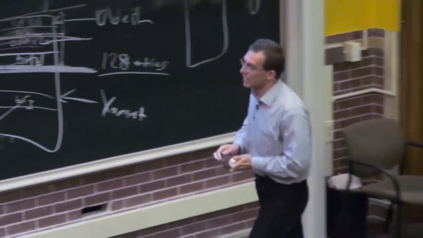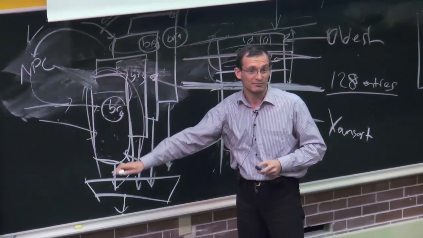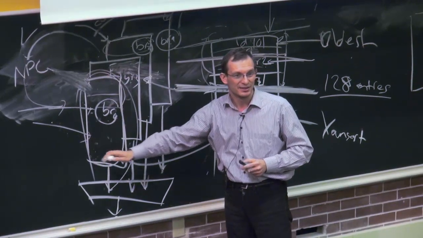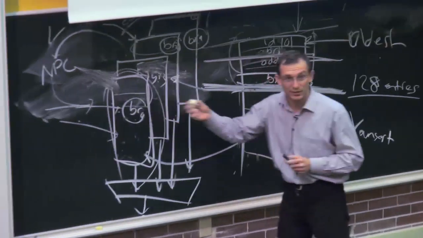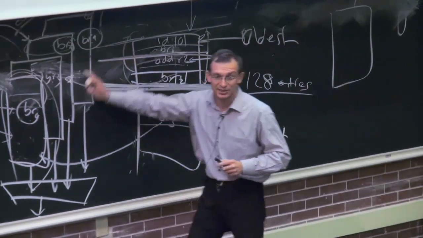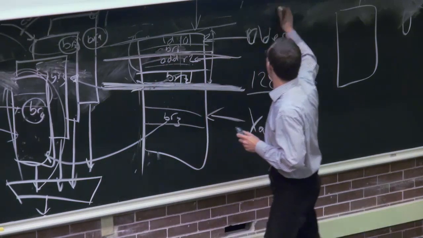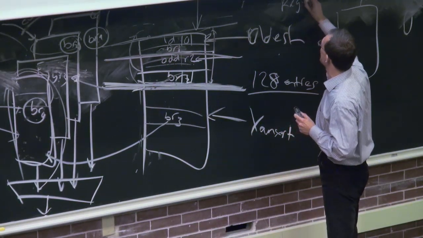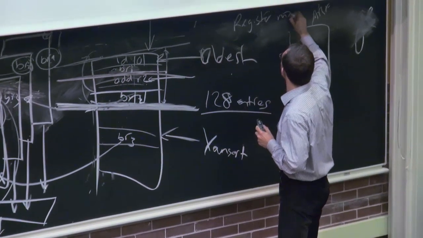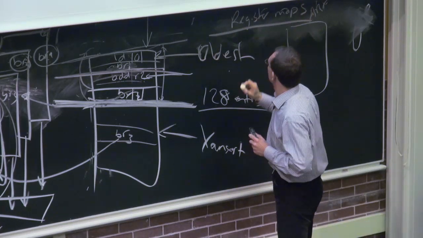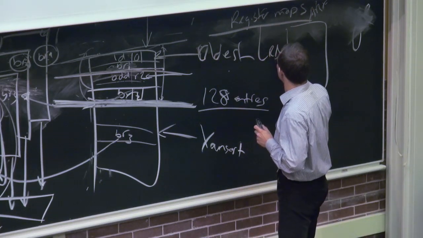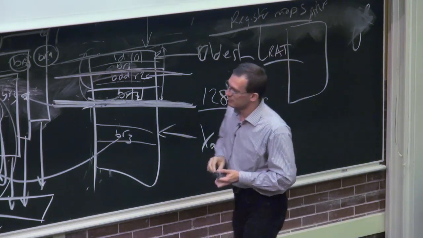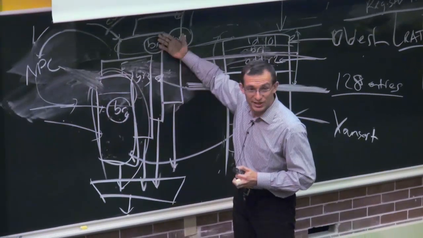Well, one option people have looked at is having flash copies. And in fact, Alpha 21264 has something very similar to this. They call them register maps. It's not really all of the register values, but it's really the register maps, or register alias table that we will see, RAT. The idea is very similar. You still have checkpoints.